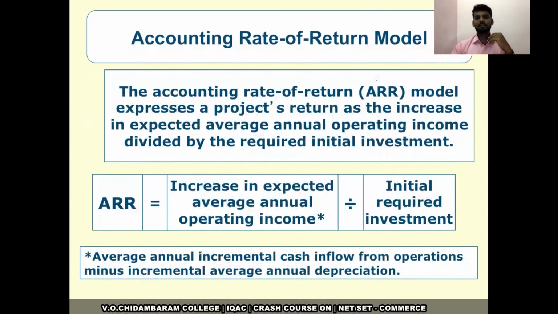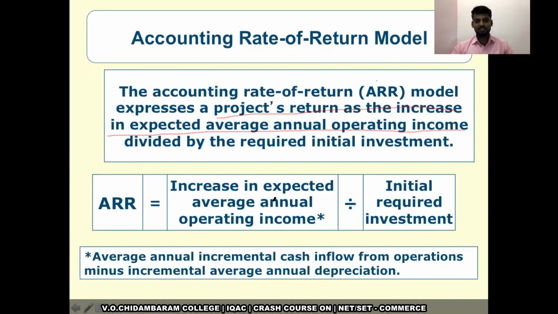Next, accounting rate of return. It expresses the project return as the increase in the expected average annual operating income. It is quite simple, and is normally done with 2 different formulas.